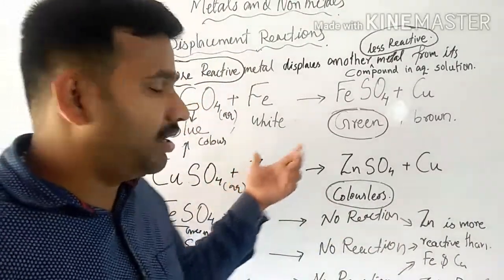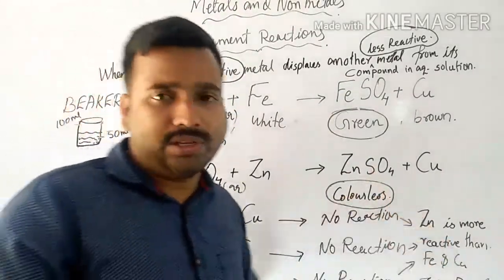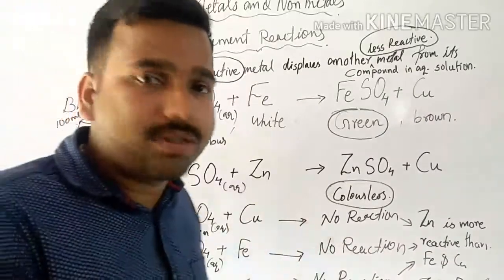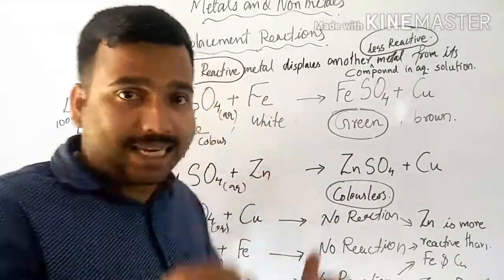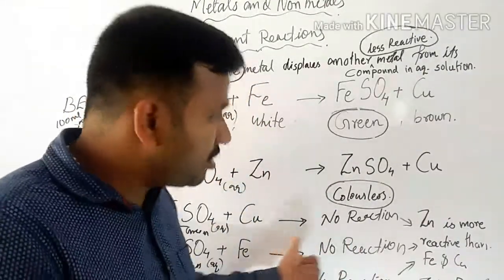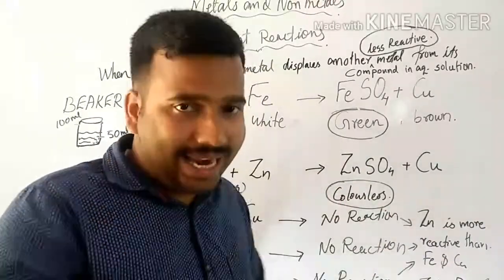And if an iron nail is exposed to moisture, it takes a long time to react and form rust. So metals differ in their reactivity. We can find out the position of these metals by performing displacement reactions.